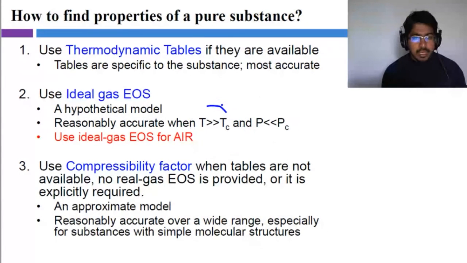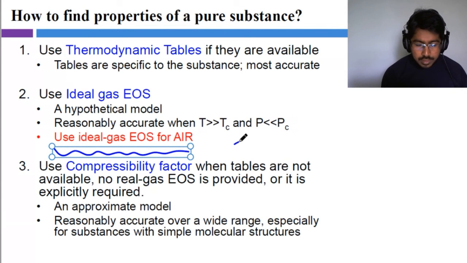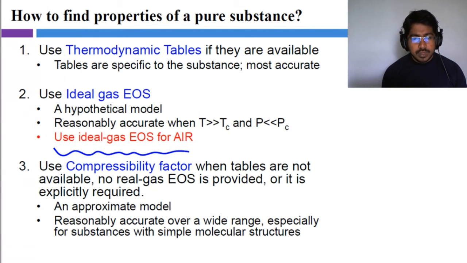So even though we don't allow using ideal gas equation for water vapor, we allow using ideal gas equation for air, right? So in this course, you can use ideal gas equation for air.